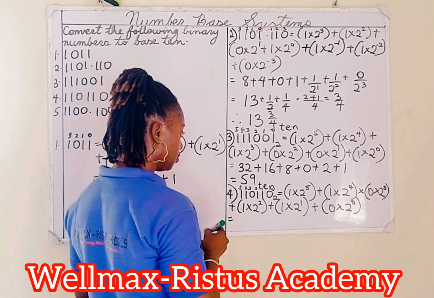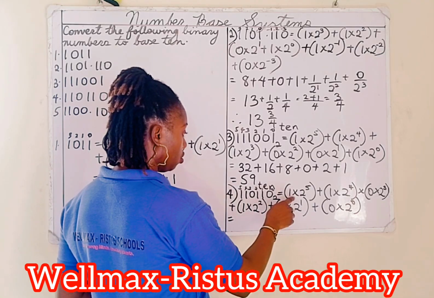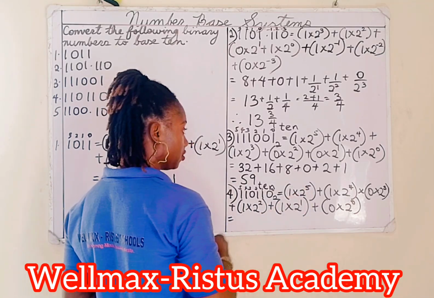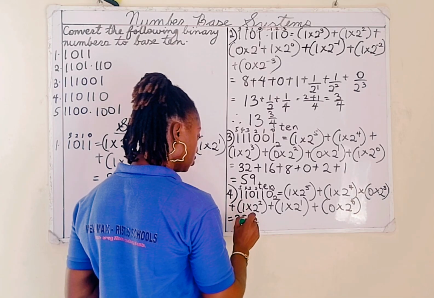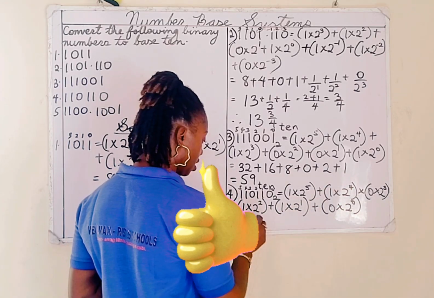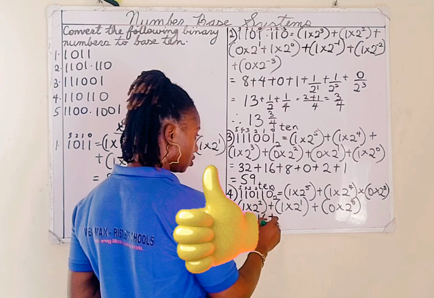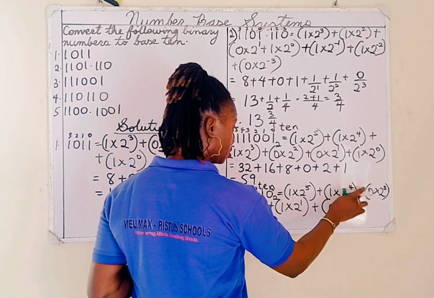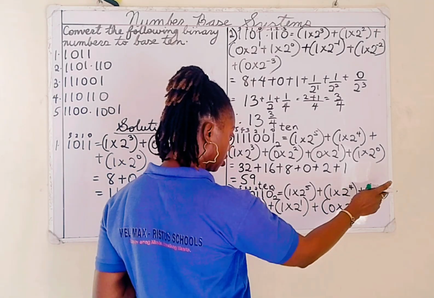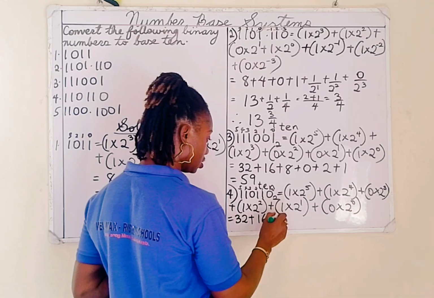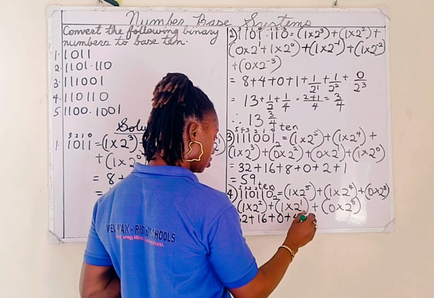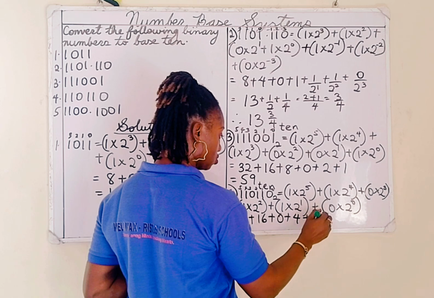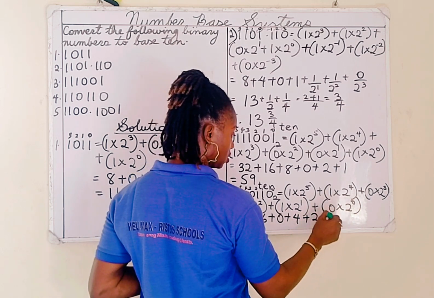So we have 1 times 2 to the power of 5. If you look at here, we have 32 plus 1 times 2 to the power of 4 is 16, plus 0 times 8 equals 0, 1 times 4 equals 4, 1 times 2 equals 2, and 0 times 1 equals 0.